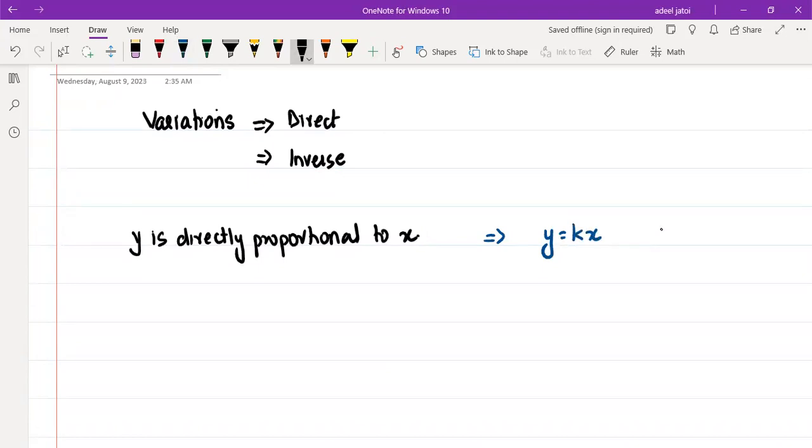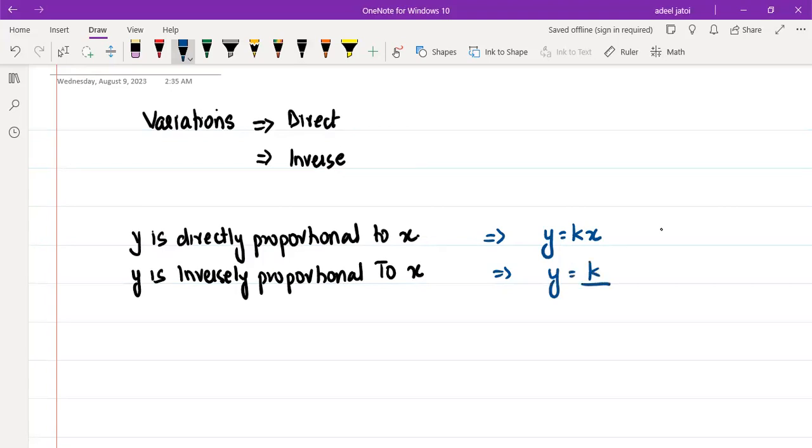Similarly, if the question says y is inversely proportional to x, then the formula will be y is equal to k upon x.